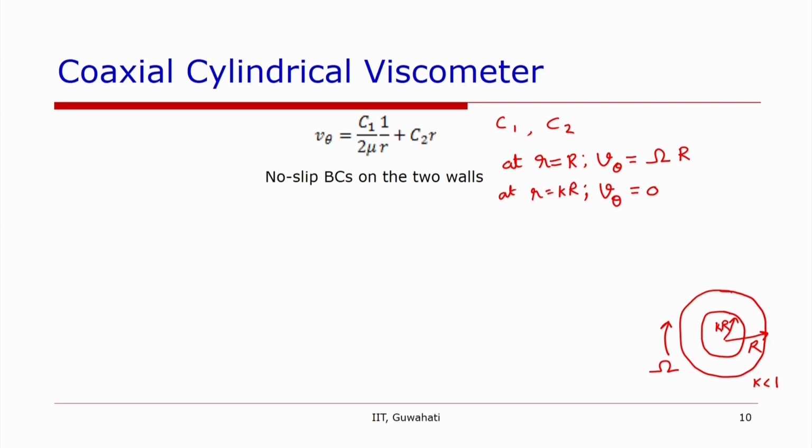You might notice here that we have applied the no slip boundary condition, but the velocity at the wall is not essentially 0 in this case.